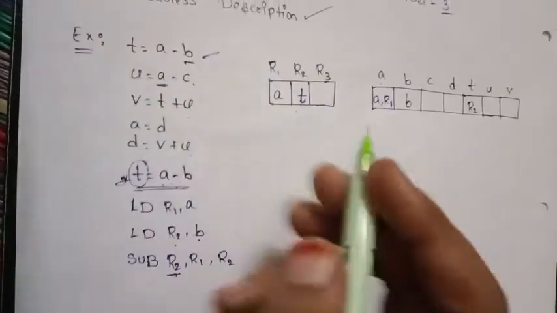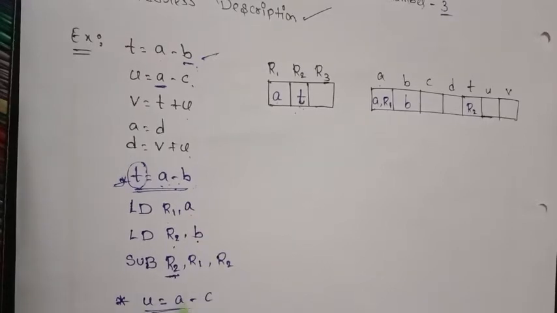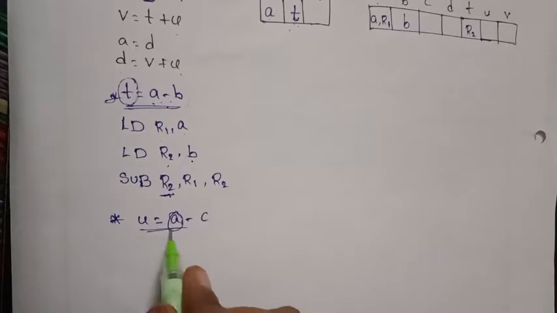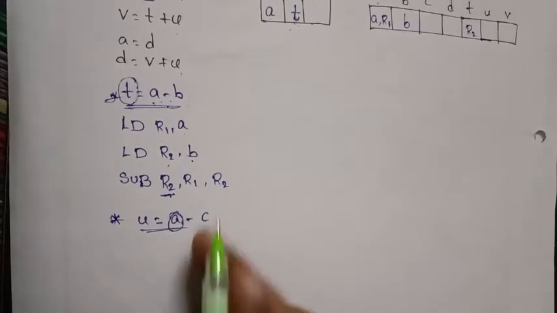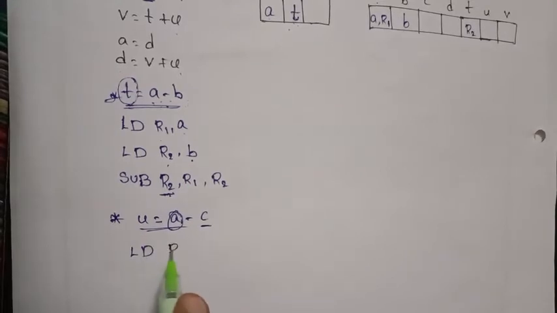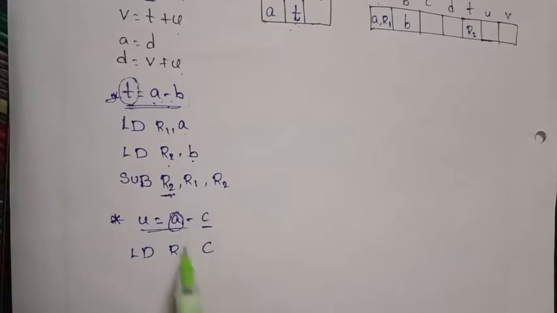The next statement is u = a - c. Already I have loaded a into R1, so I won't write that again. Now I load c. Where do I need to load c?